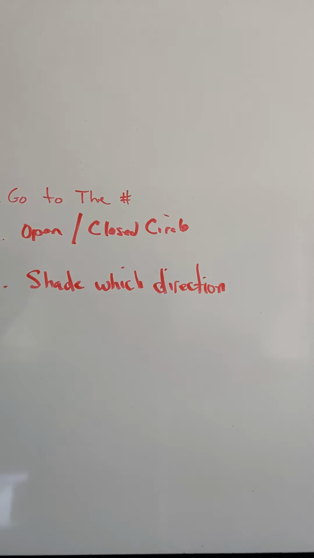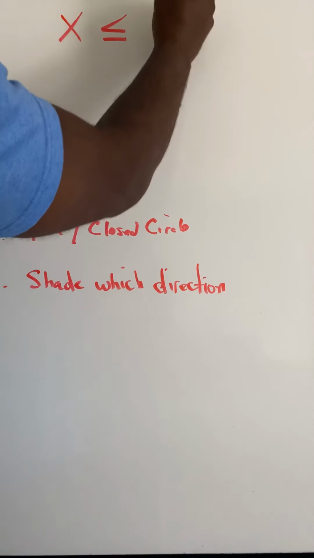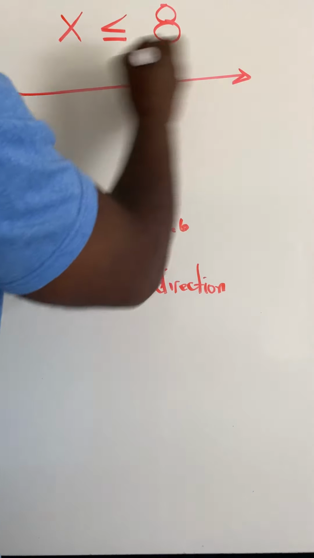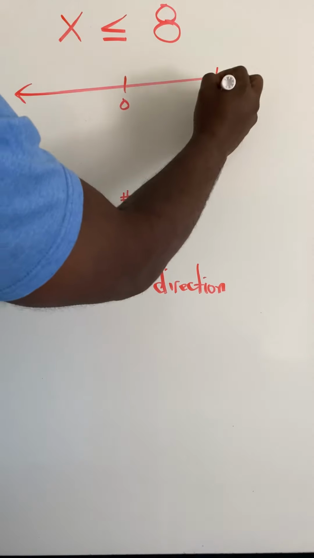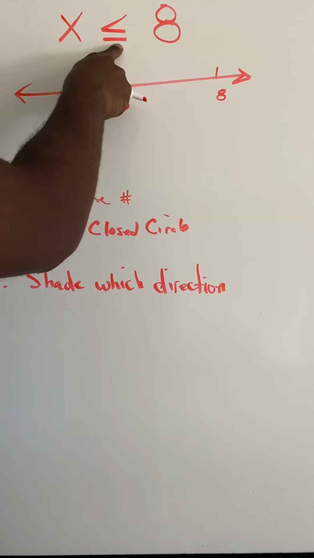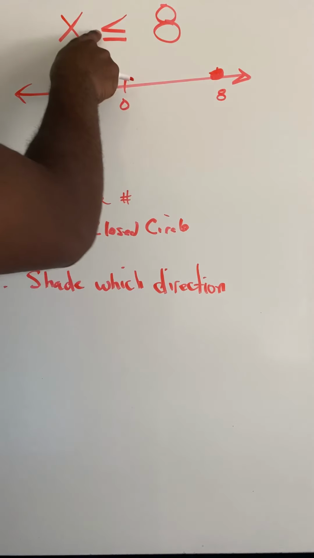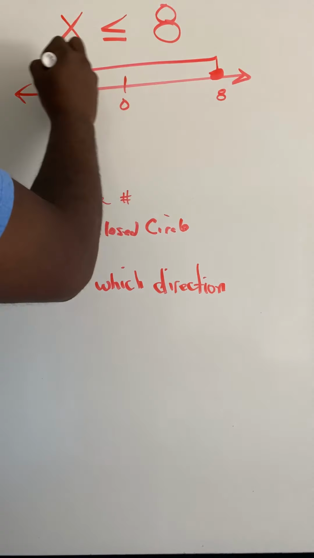x less than or equal to 8. Step 1, go to the number. Here's 0, here's 8. Open or closed circle? Step 2, closed circle. Less than or greater than? Small point, less than goes to the left then.